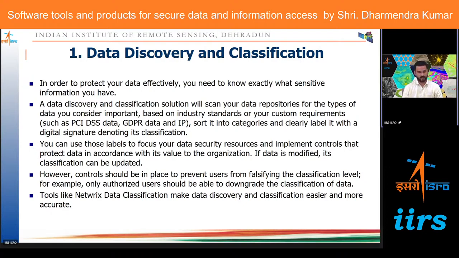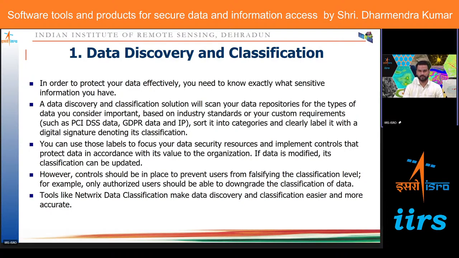Next part is that controls should be in place to prevent the user from falsifying the classification level. Sometimes the organizational classification of items may be wrongly done, and that leads to the disclosure of information. The policy may say that classification level 1 should not be disclosed, level 3 may be disclosed.